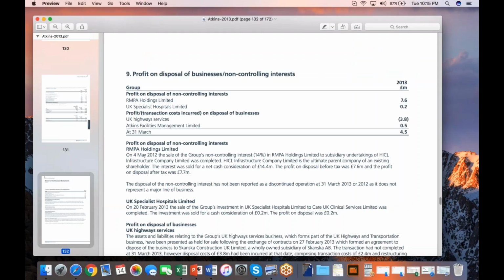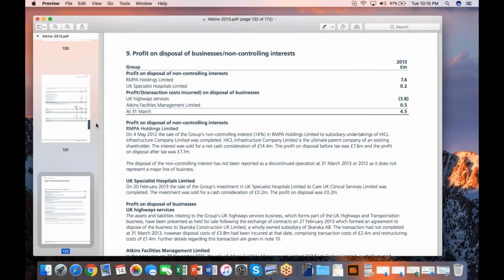4.5. So this says, on March 4, 2012, a sale of the group's non-controlling interest, 14% in RMPA Holdings Limited, a subsidiary of a parent company of an existing business. The interest was sold for a net cash consideration of 14.5. The profit was 7.6, which is up there. And then the profit on disposal after tax, they paid some tax or whatever, was 7.7. So finally it came out to be 4.5.